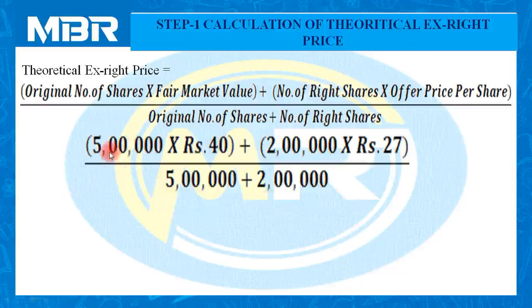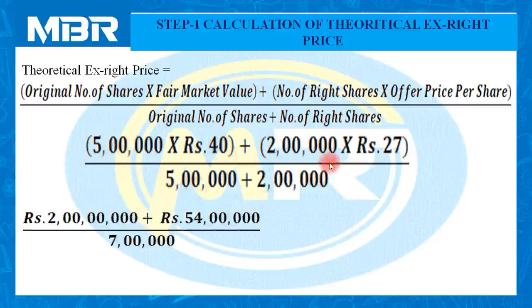Now simply 5 lakhs multiplied by 40 and 2 lakhs multiplied by 27. So 5 lakhs multiplied by 40 that is 2 crores, plus 2 lakhs multiplied by 27 that is 54 lakhs, divided by 5 lakhs plus 2 lakhs is equal to 7 lakhs.